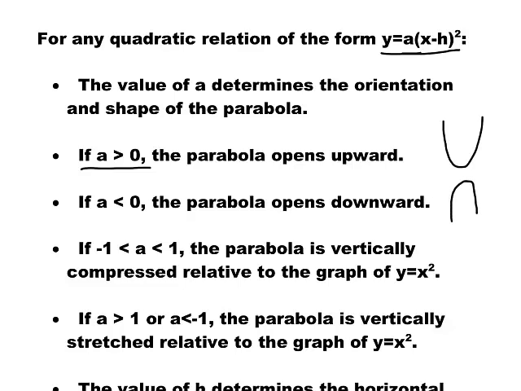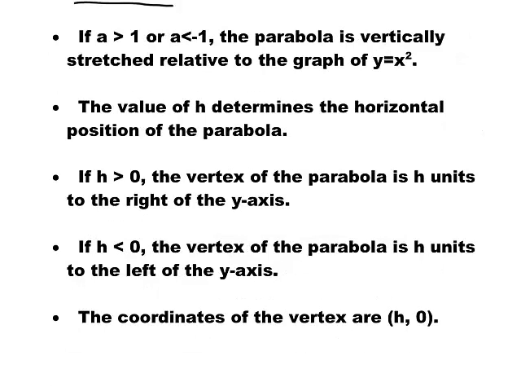If the value of a is between 1 and -1, then the parabola is going to be vertically compressed relative to the base function y is equal to x squared. If the value of a is either greater than 1 or less than -1, the parabola is going to be vertically stretched relative to the base function y equal x squared.